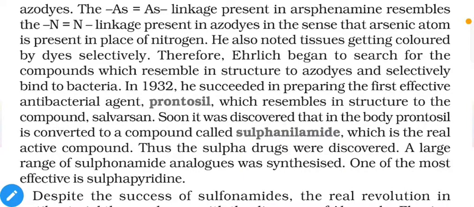That means in arsenic compounds we have double bonded arsenic atoms, just like in nitrogen azo compounds we have double bonded nitrogen elements. So we got an idea to replace arsenic with nitrogen, which is less toxic or non-toxic for us.